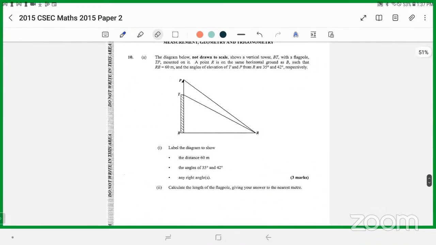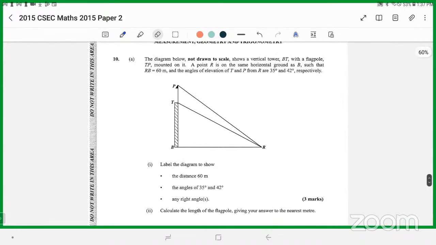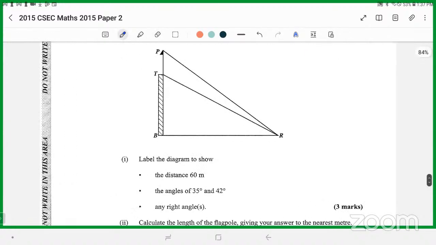It's an elevation test. It says the diagram below, not drawn to scale, shows a vertical tower BT, this vertical right here, with a flagpole TP on top. It says there's a point R on the same horizontal ground as B such that RB is 60 meters. I'm going to put that on the diagram now. This is 60 meters.